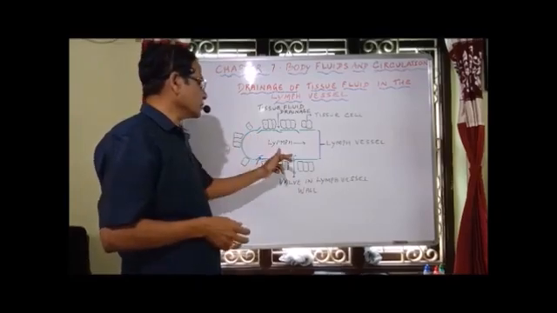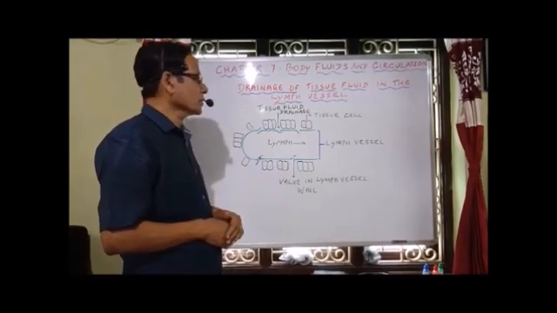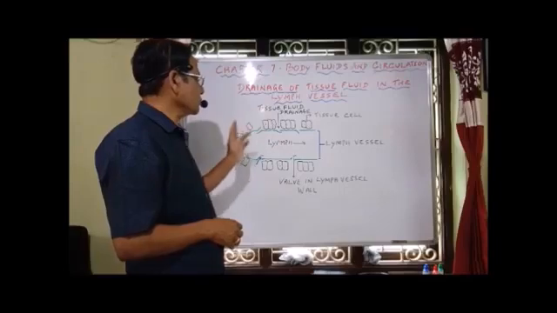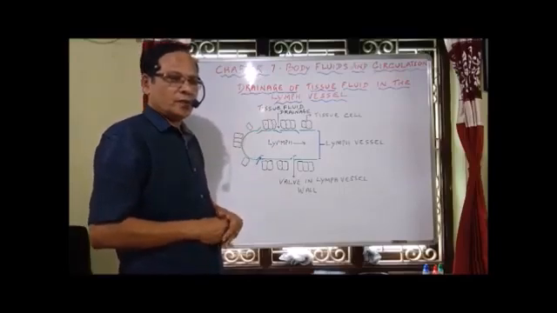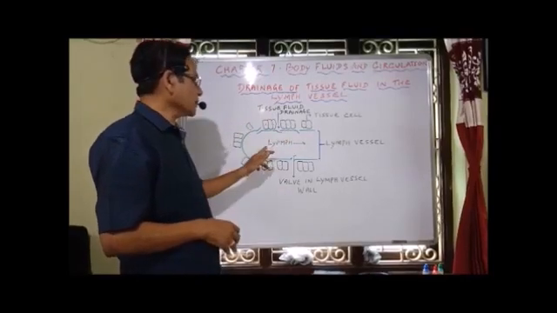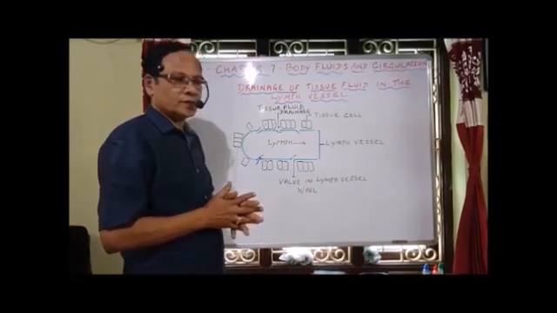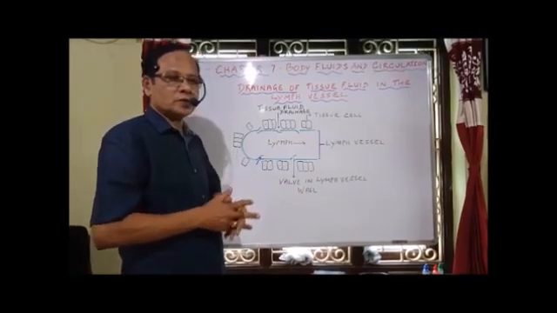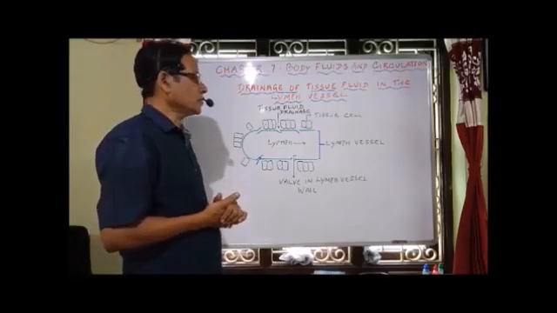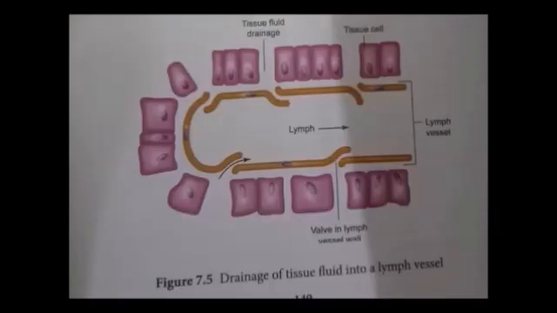Here and there we have valves regulating the flow of lymph. This is the tissue made up of cells surrounding the lymph vessel, and we have interstitial spaces also between the cells. The collected lymph is carried by the lymph vessel. The lymph vessels, after joining to form a large lymphatic vessel, open into the subclavian vein, which ultimately empties into the bloodstream.